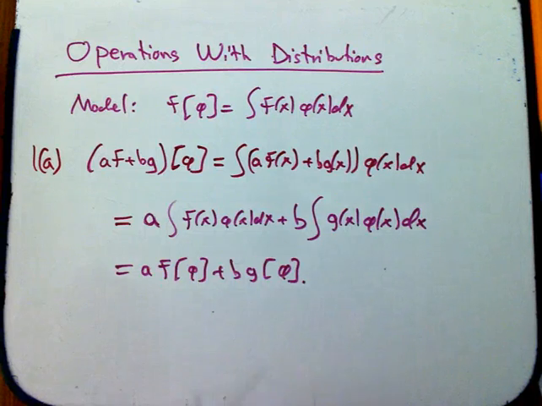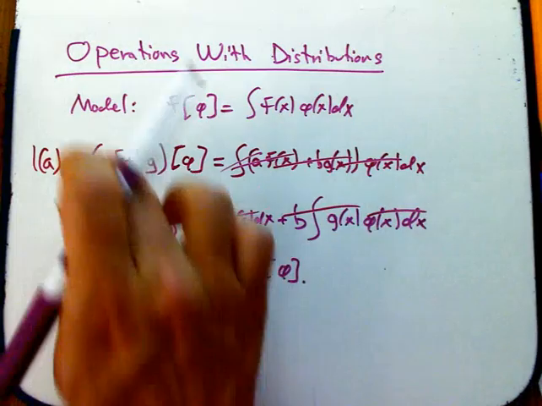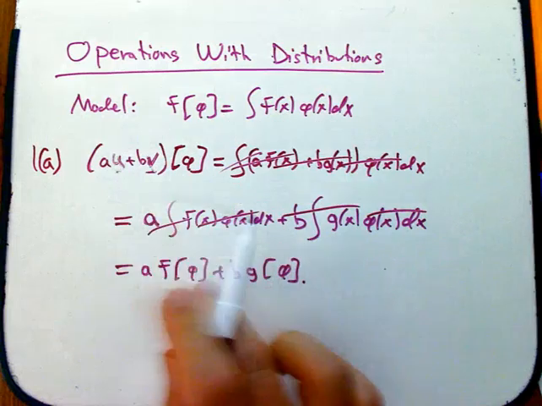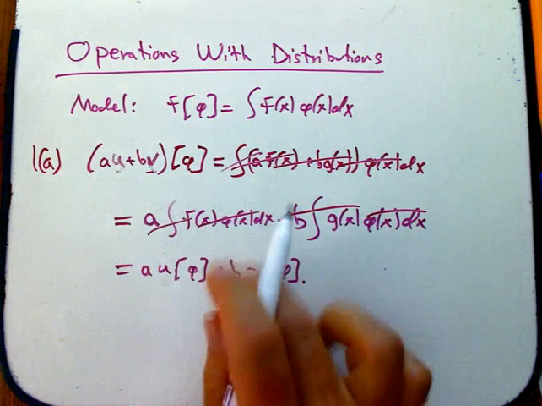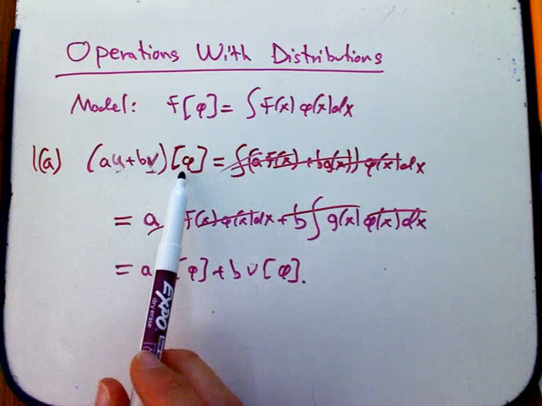To make it into a definition of distributions, just ignore all that stuff and change the f to a u and the g to a v and say there's my definition of what it does for distributions. Any distribution, its job is to eat test functions. V eats test functions. This is a perfectly well-defined number, and then this is going to be the definition of that distribution.